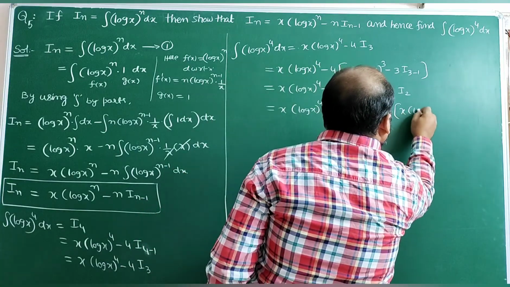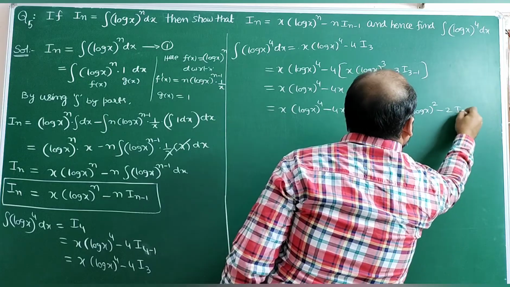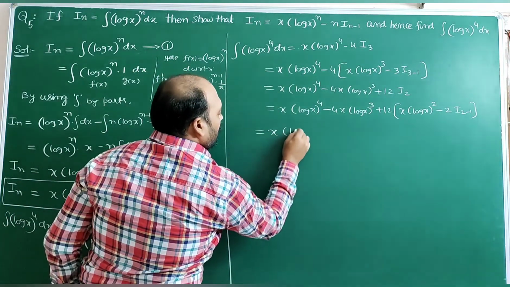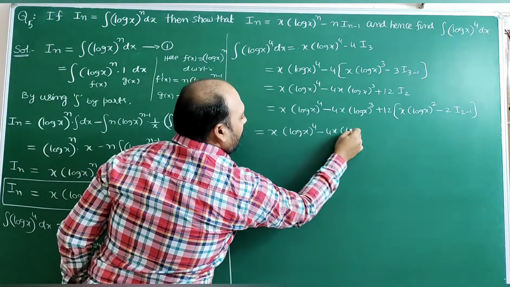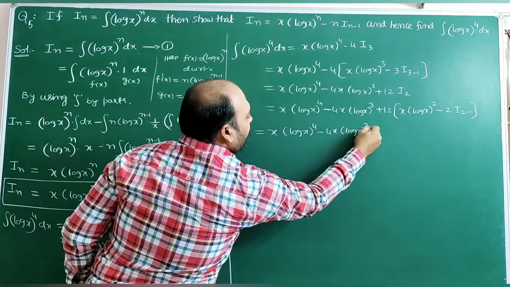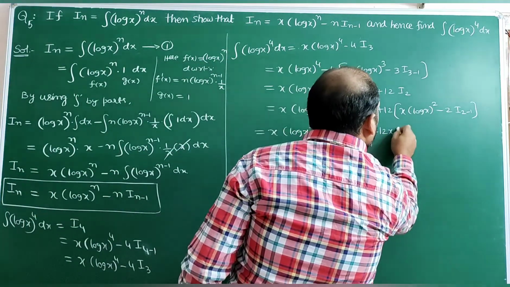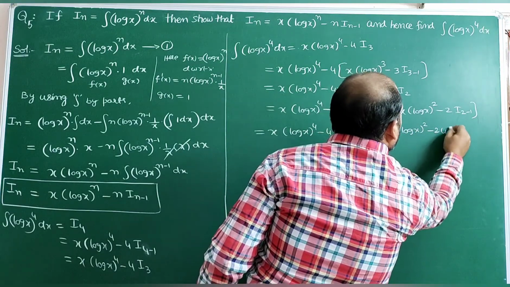So x into (log x) whole square minus 2 into I2 minus 1, which is equal to x into (log x) whole power 4 minus 4x into (log x) whole cube plus 12x into (log x) whole square minus 24 into I1.